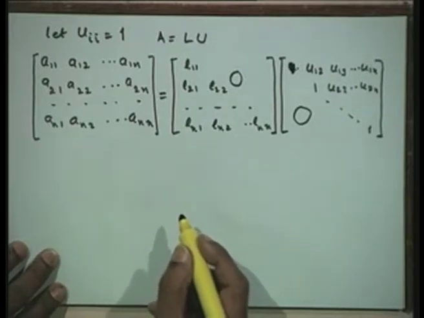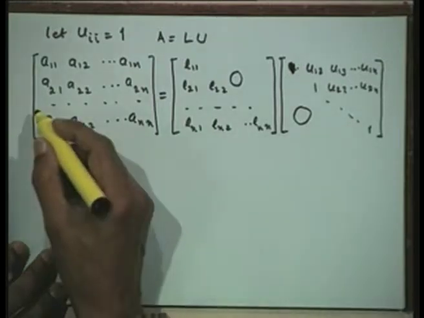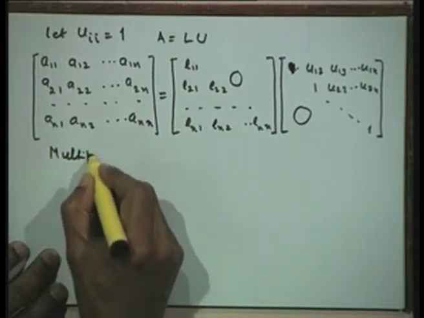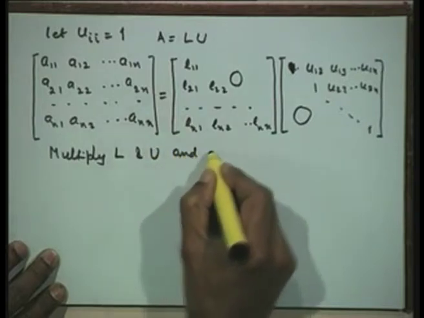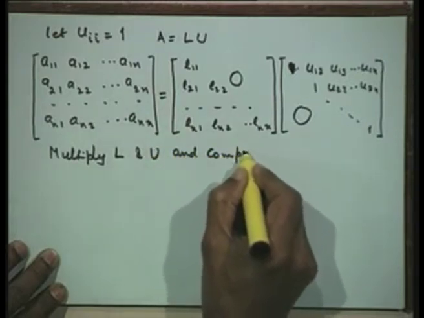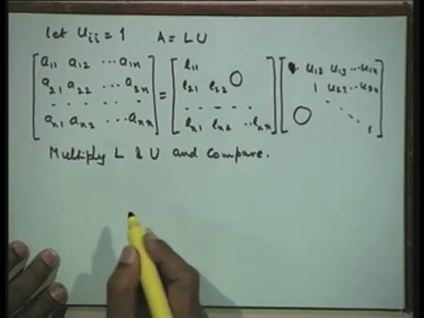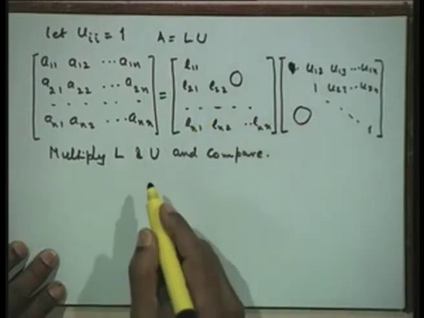The procedure in any case is we multiply these two matrices, L and U, and compare these elements. Interestingly, we can find these elements of L and U in a particular sequence.